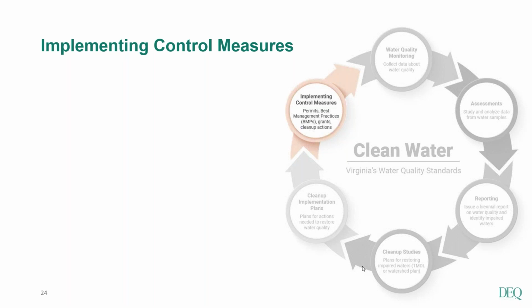We publish that through the integrated report. It's a water quality assessment integrated report. Those reports come out every 2 years. The report is actually currently out for public comment. It started late in April. It runs for 30 days. And within that report, our 2024 integrated report, the list of TMDL priorities is available there.